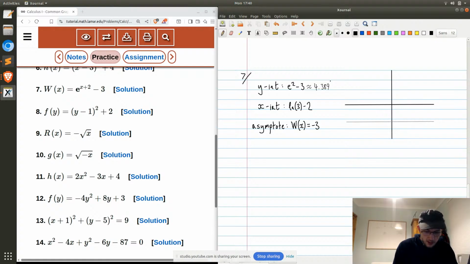Slow is better than 0. Slow is better than 0. Negative 0.901. Right.